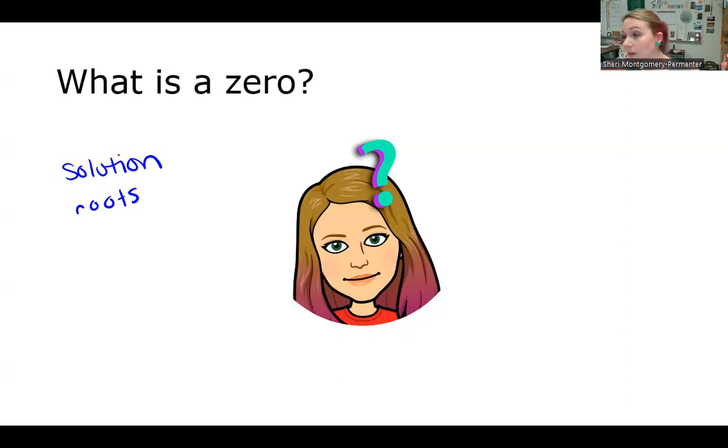Yes, what'd you say? It's the x-intercept. Yes, a zero is a solution, it's a root, it's an x-intercept. It's basically where your graph crosses the x.